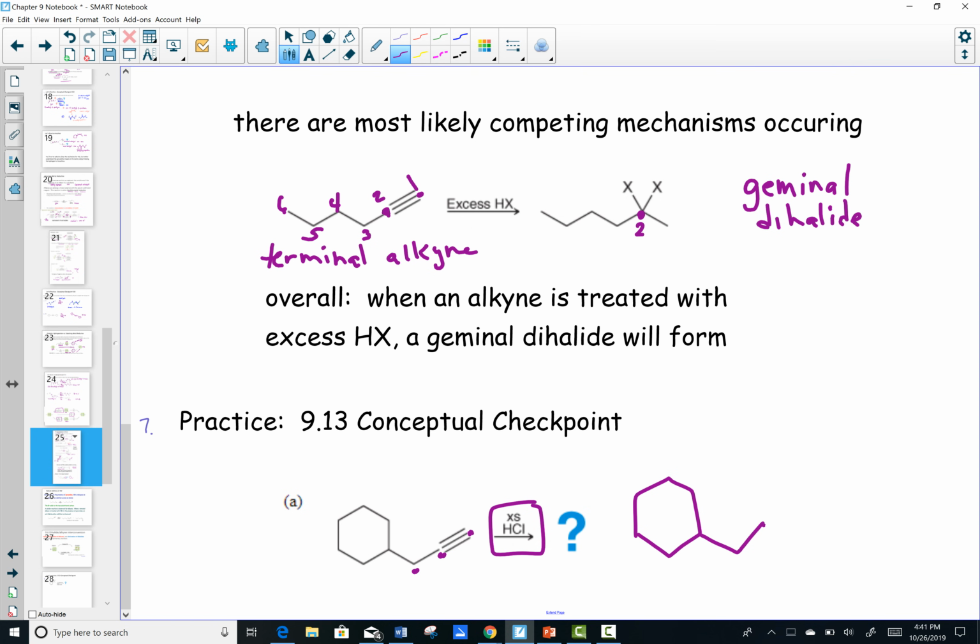And carbon number 2, the second carbon here, is the most substituted carbon. So not at the terminal end, but the second carbon is the position where we're going to add our chlorines to create a dichloro product, a geminal dichloro product. And that's it. Excess amounts of HCl follows Markovnikov's rule, putting both chlorines onto the same carbon, the carbon that is most substituted.